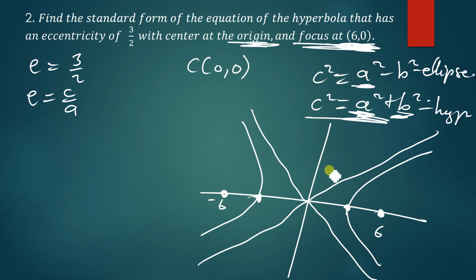Okay, so now we have to find the value of b. We have to find what b is and what c is. So c, according to the hyperbola, is the distance from the center to the focus. So this distance is the one that we denote by c.